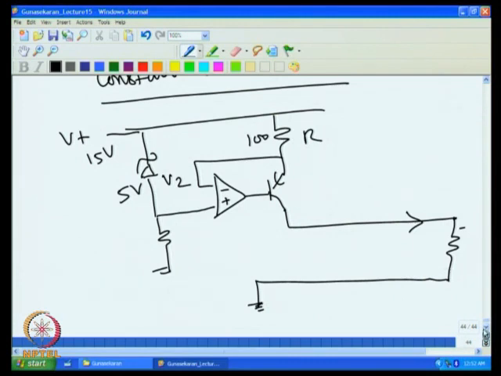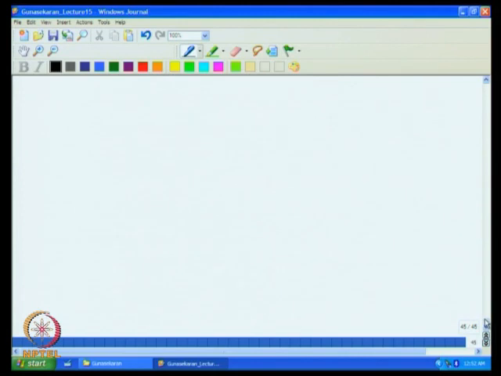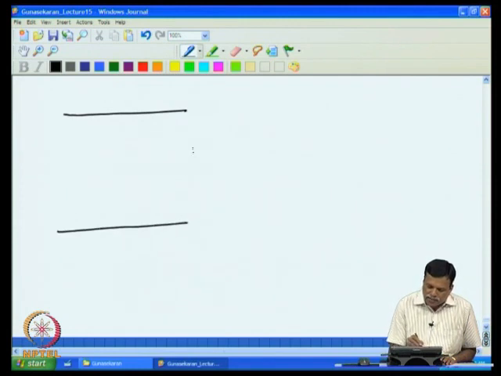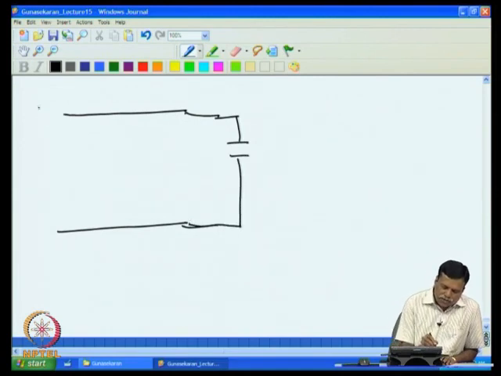Now to convert this into power, whatever current is coming from the long distance, I want to first convert into a constant voltage. For that I put a capacitor here. The constant current is coming and is grounded.